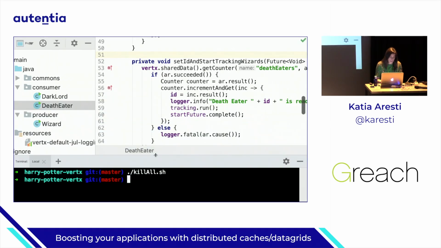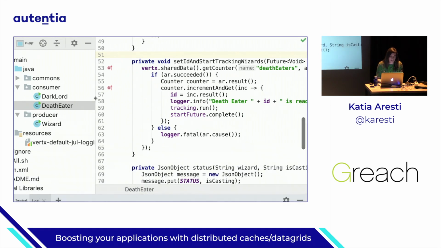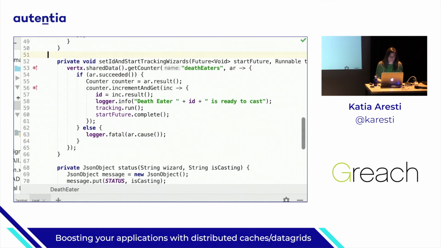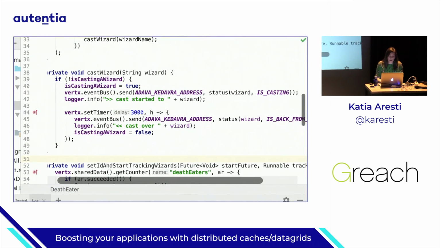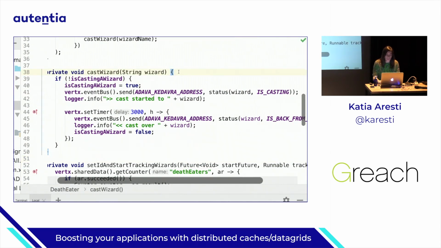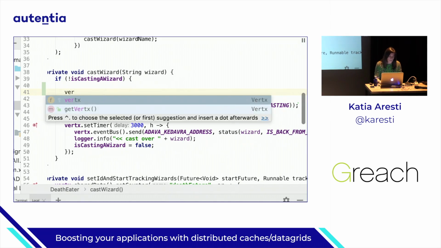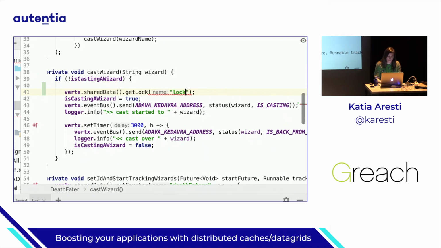Everything is gone. So with Vert.x, in the editors, what I can do is synchronize this code. I don't want two editors to work on this at the same time. So I can do vertx.sharedData and acquire a lock.